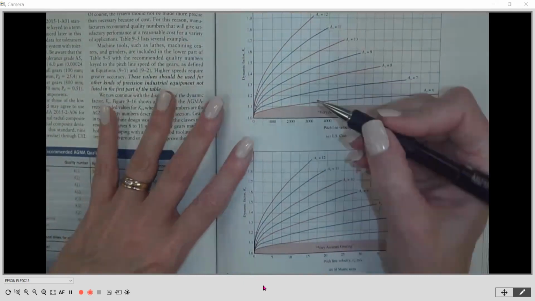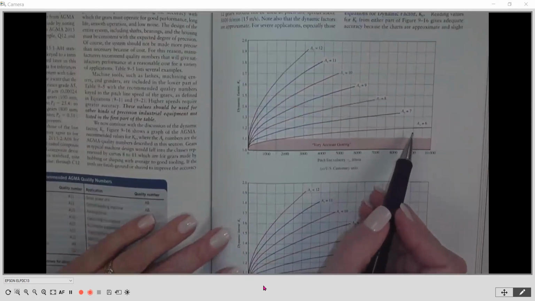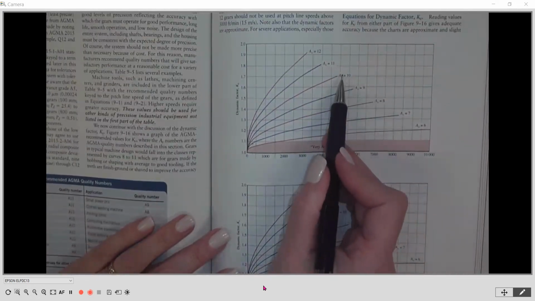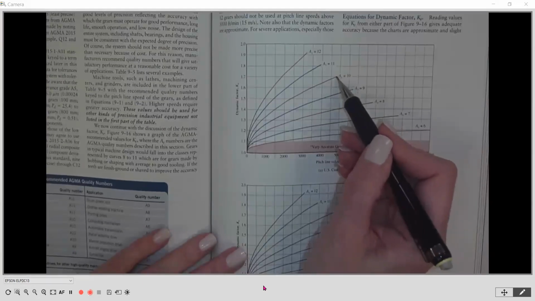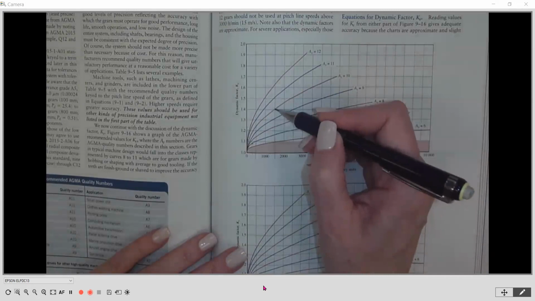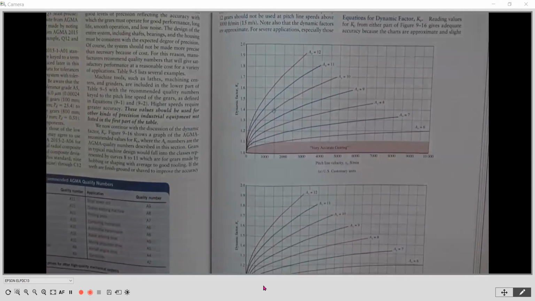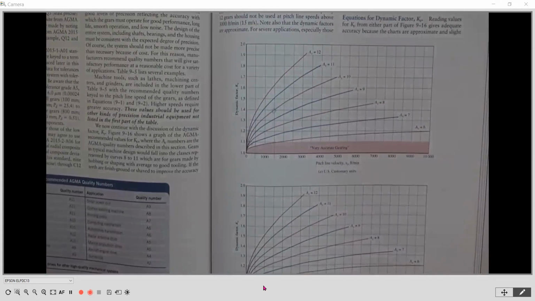And I'd probably stick pretty close and a little bit to the right of that line. And then our AV number, our quality number, the problem told us is 10. So you're going to find that line here and line it up with about 1,500. When we read it over to the left, our KV factor off of that chart is about 1.4.